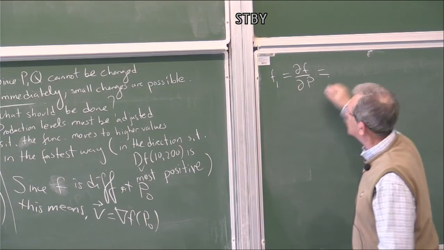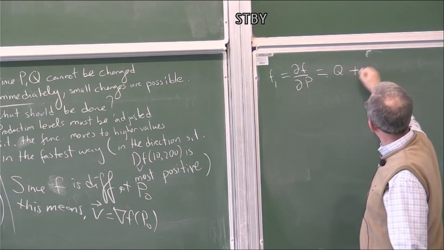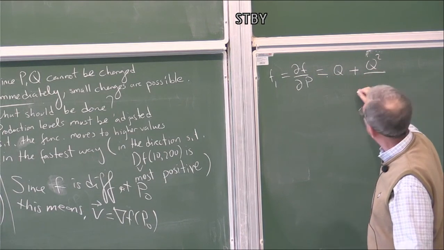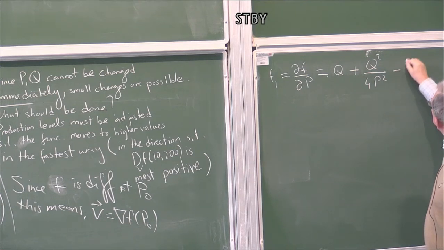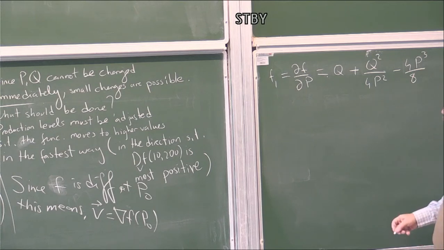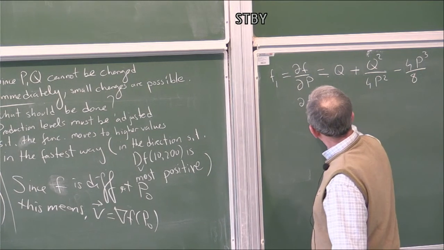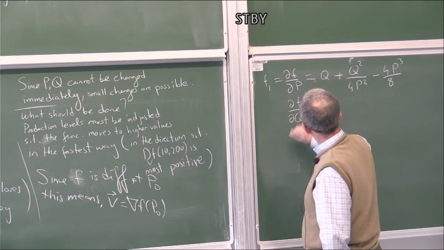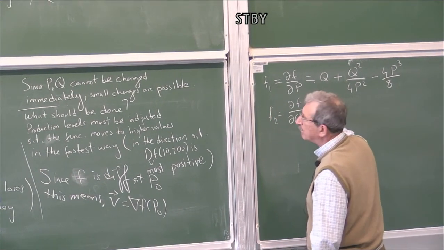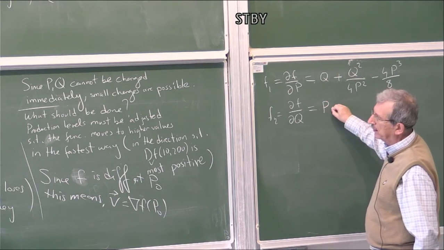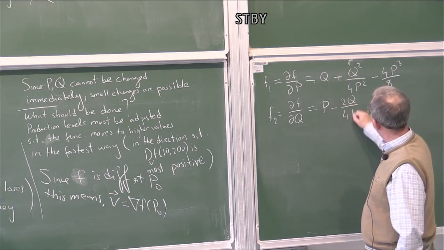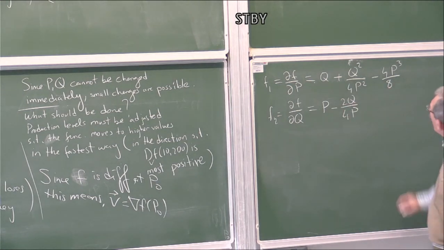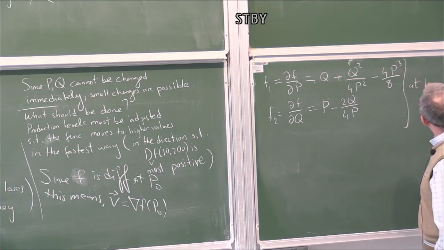So that happens to be q plus q squared over 4p squared minus 4p cubed over 8, differentiating with respect to p, and del f del q, that is f2, would be p minus 2q divided by 4p, all evaluated at p0.